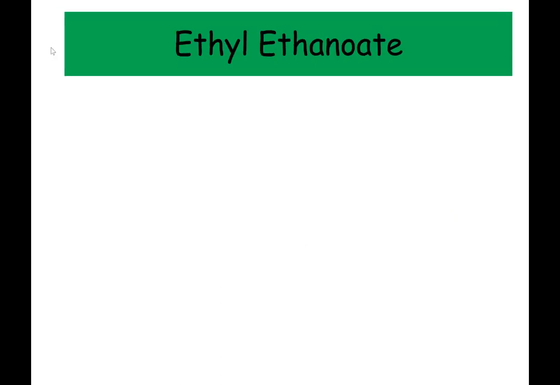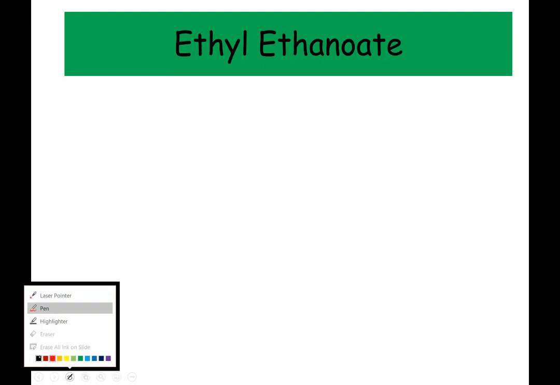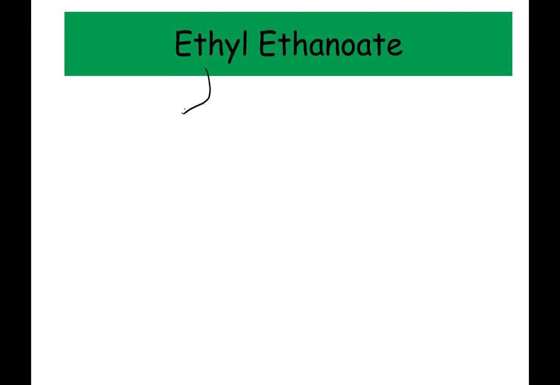An example of an ester which you really need to know, absolutely critical for GCSE, is ethyl ethanoate. Okay, this is the most common example that's used at GCSE level. And from what we did a minute ago, you should be able to predict which alcohol and which carboxylic acid ethyl ethanoate is made from.